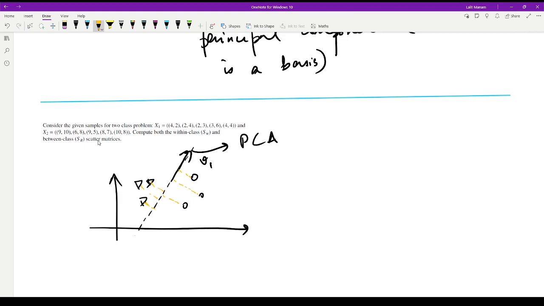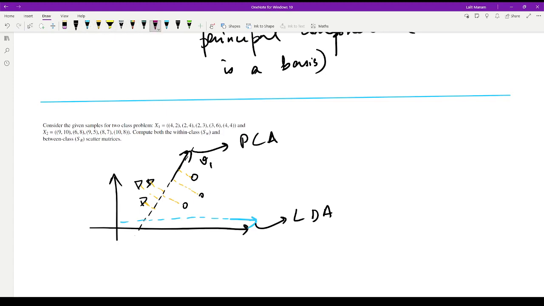But here we are interested in something else. Our aim is to find the best direction which separates these two classes and also reduces the dimension. Do you understand? Since our aim has changed, maybe we would like some other direction like this. Probably this one would be given by the linear discriminant analysis, or the Fisher linear discriminant specifically.